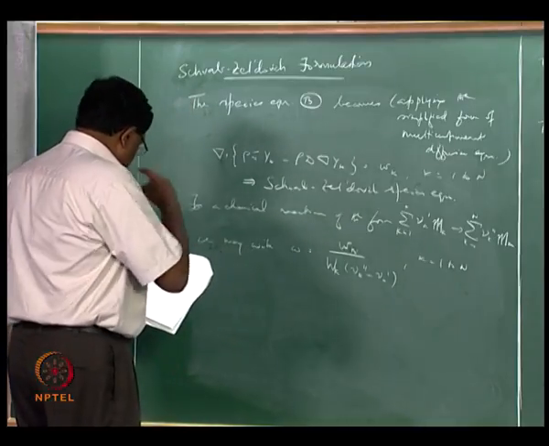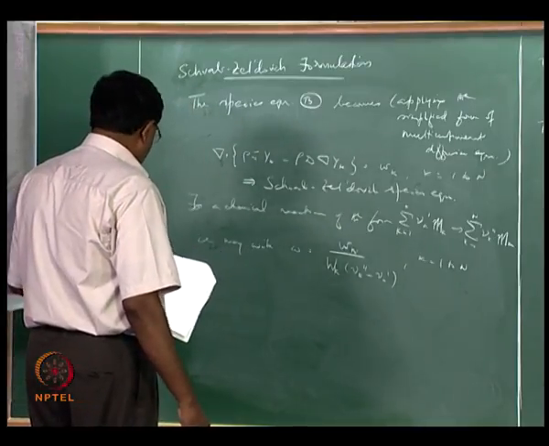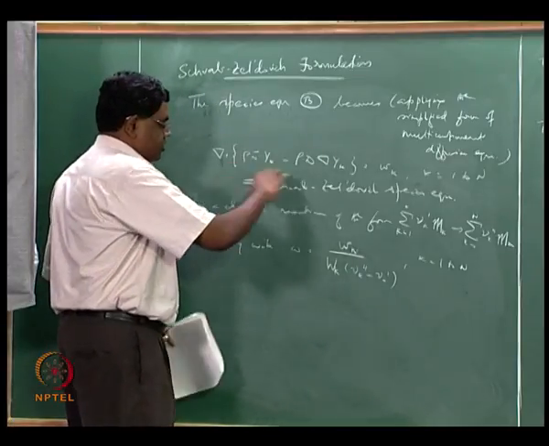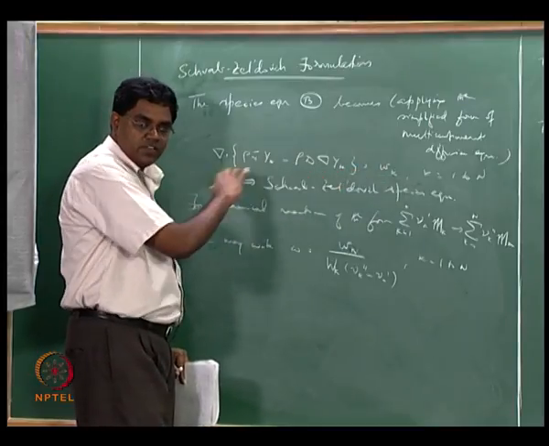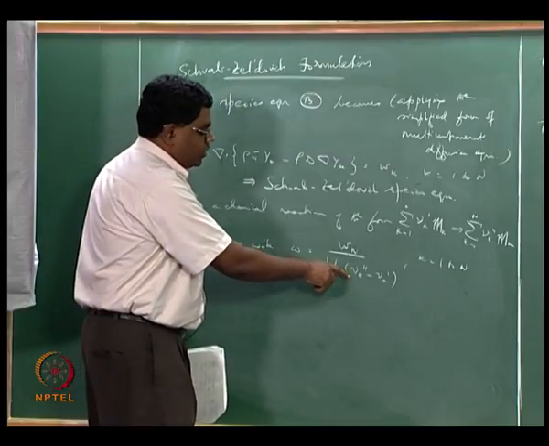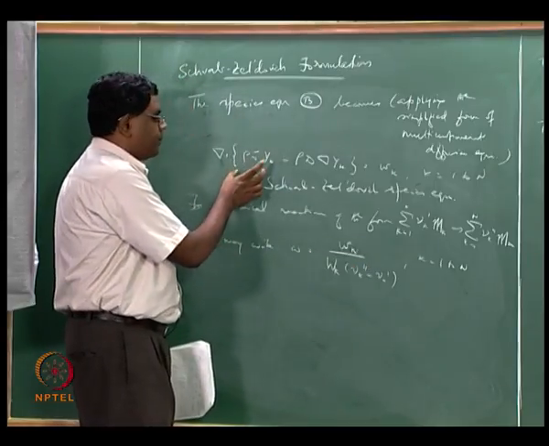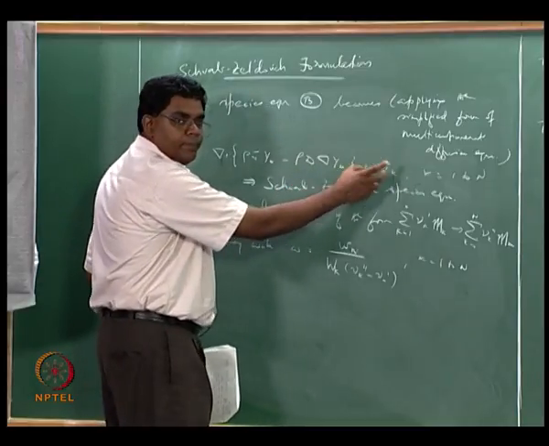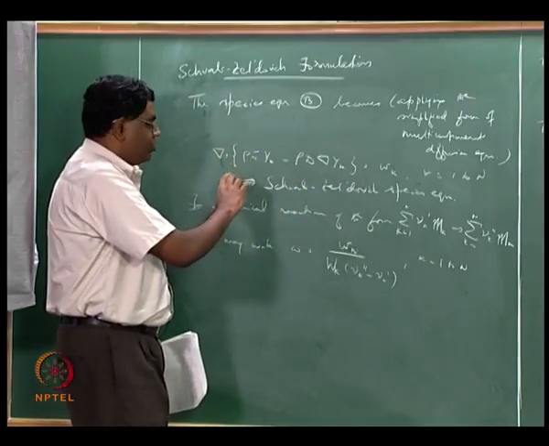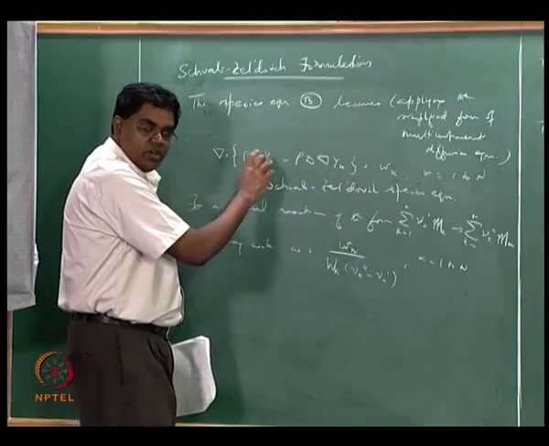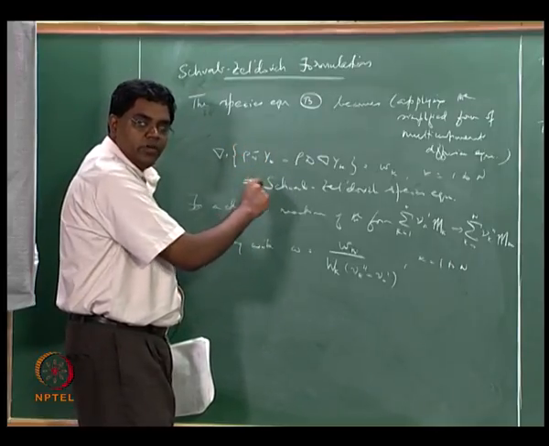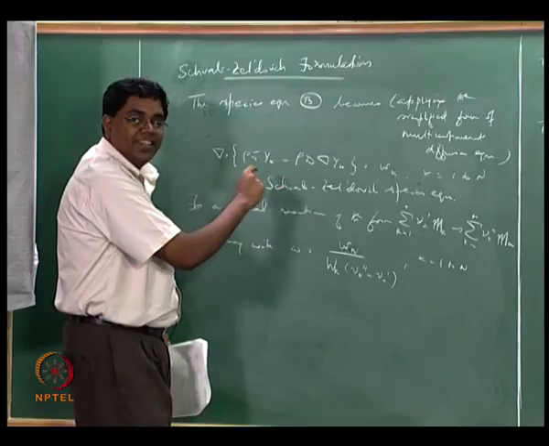So what you do, if you now were to divide your kth species conservation equation by capital WK times nu k double prime minus nu k single prime, the right hand side becomes omega, and then the left hand side you don't really have a yk in itself, you have a yk divided by capital WK times nu k double prime minus nu k single prime, that's your alpha k.